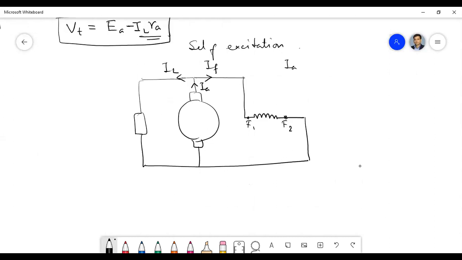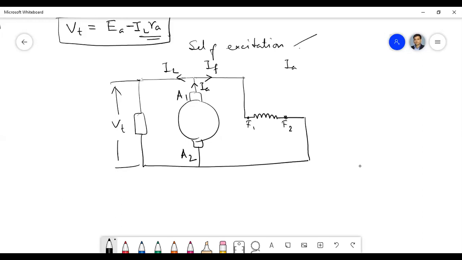Sir, in parallel. So you have to judge whether it is in series or parallel with respect to the load. With respect to the load, you have created three parallel paths, and in one of them you have the field coil. So it is a parallel mode of excitation, which is called the shunt excitation.